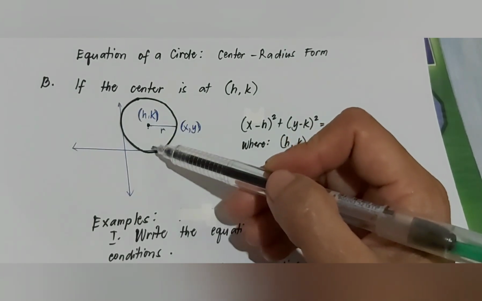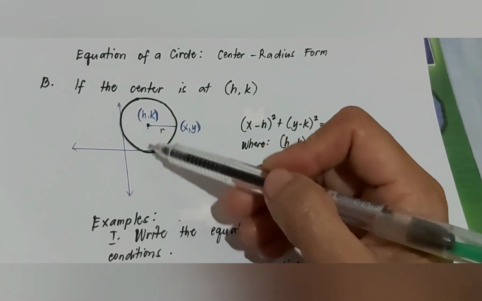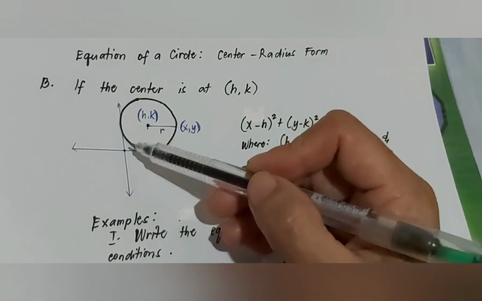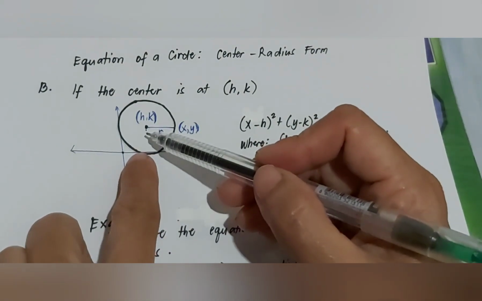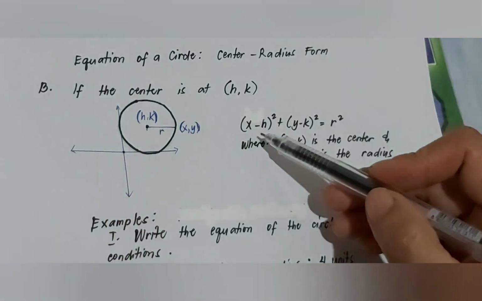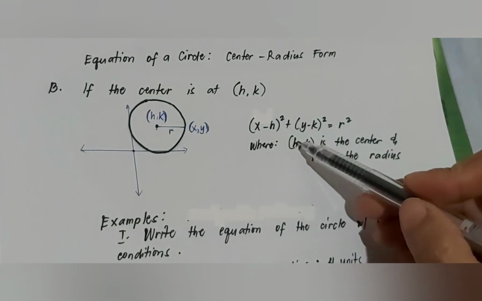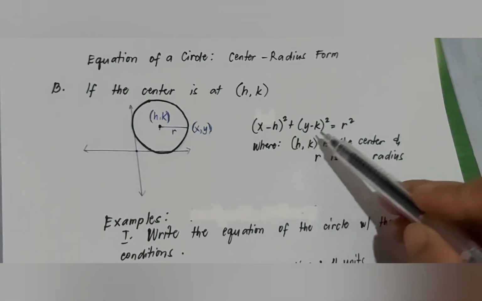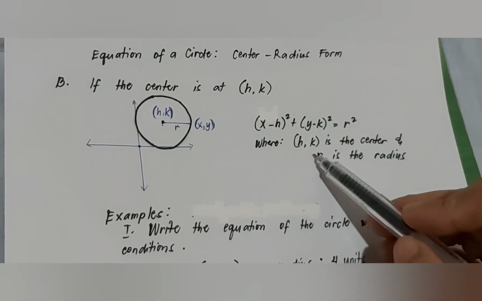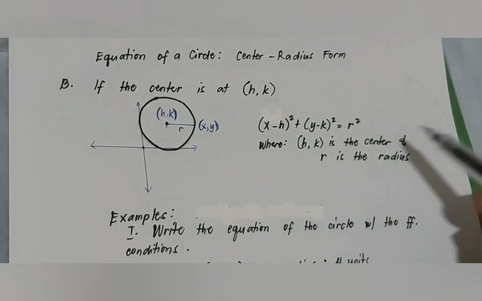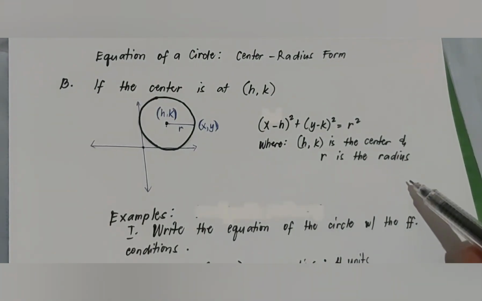So it is lifted from our center, because earlier the center was at the origin. With this, our center-radius form is (x minus h) squared plus (y minus k) squared equals r squared, wherein (h, k) are the coordinates of the center, and r is our radius.